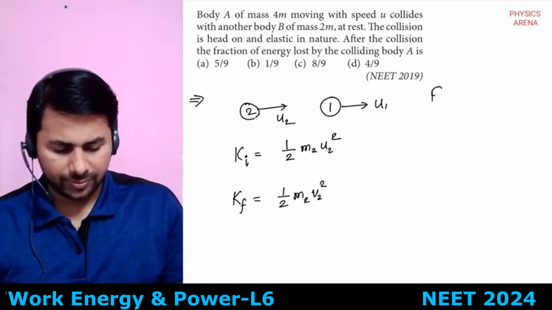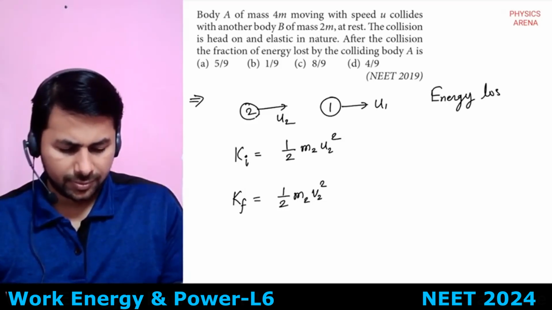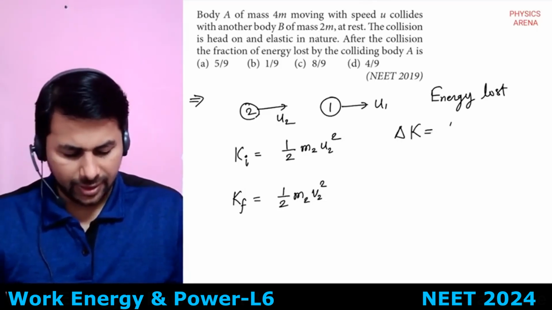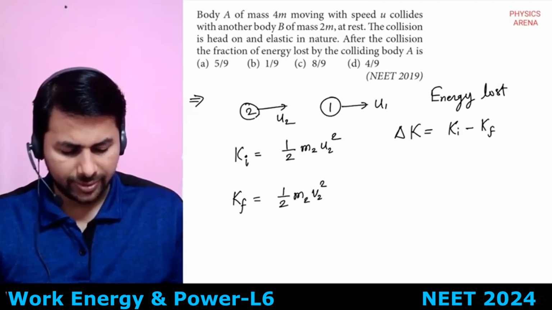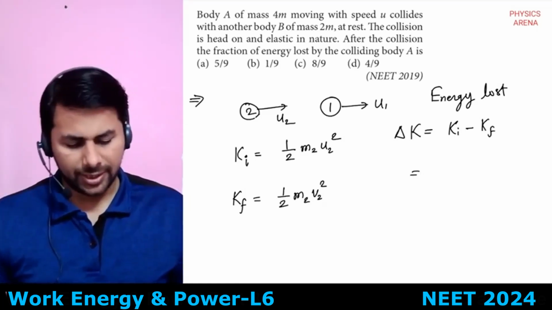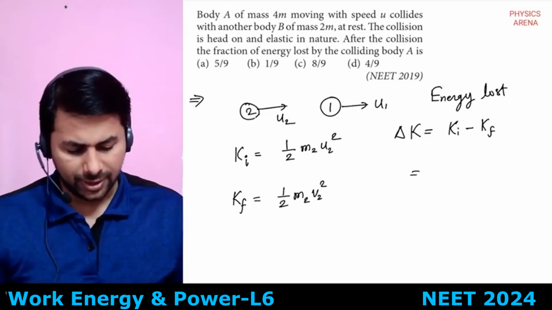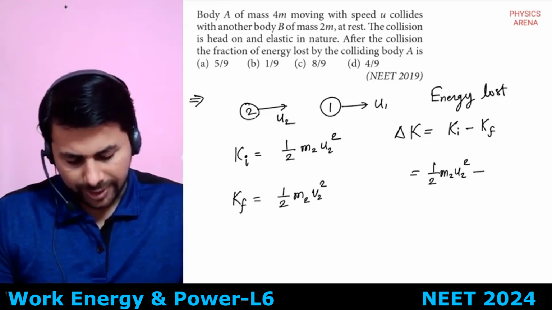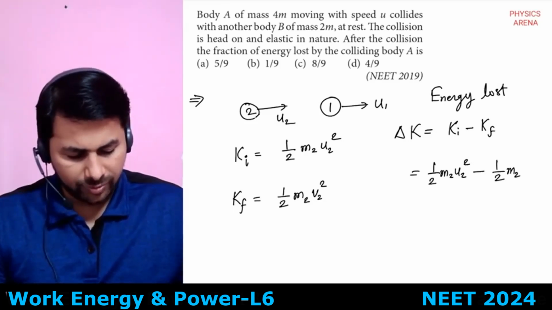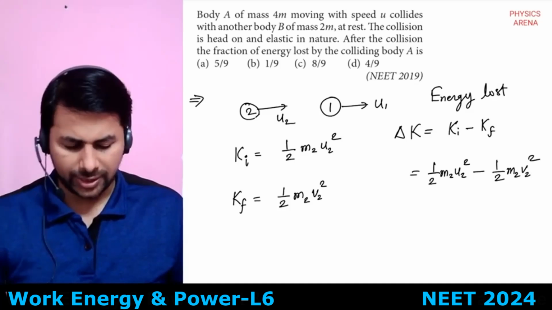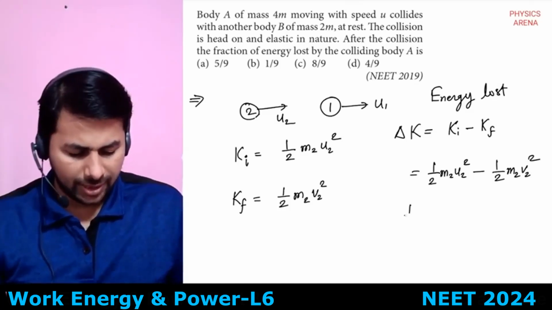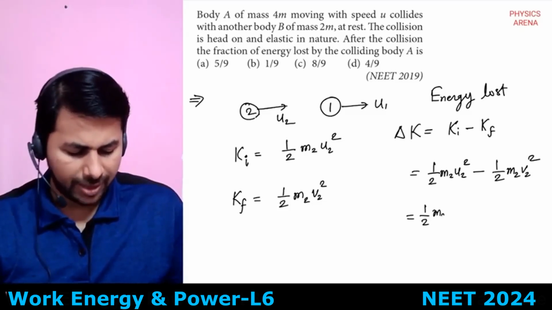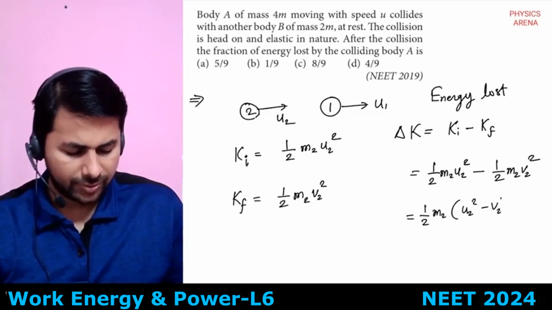Energy lost is delta K, that is Ki minus Kf. Initial kinetic energy minus the final kinetic energy. So you have half of m2 u2 square minus half of m2 v2 square. You can take half m2 common, so it's half m2 times (u2 square minus v2 square).